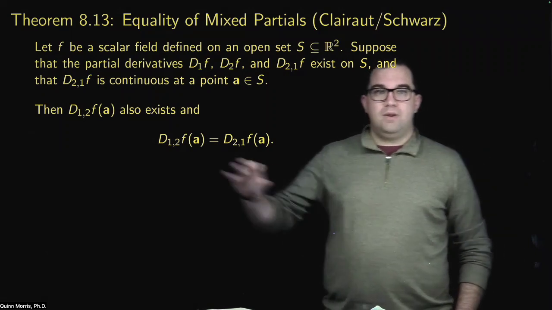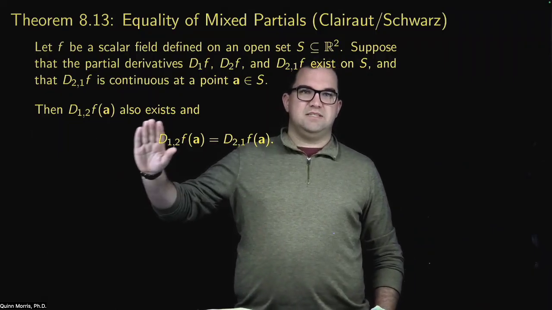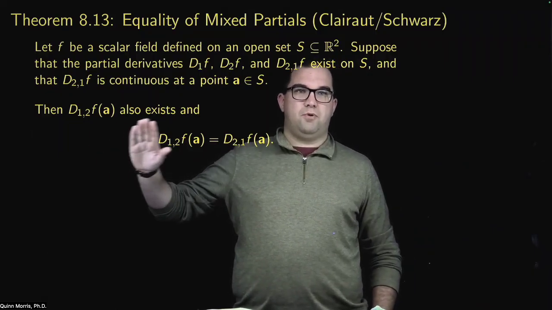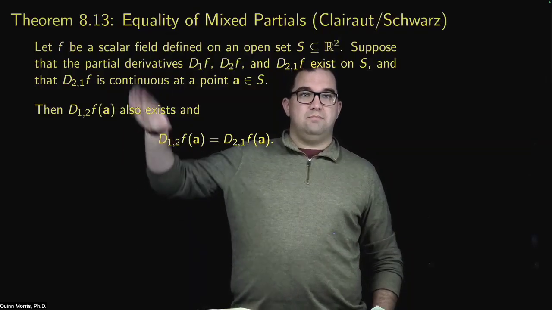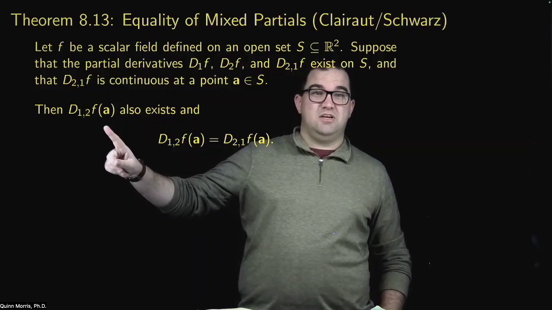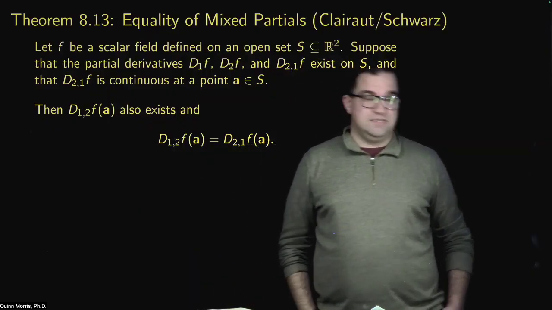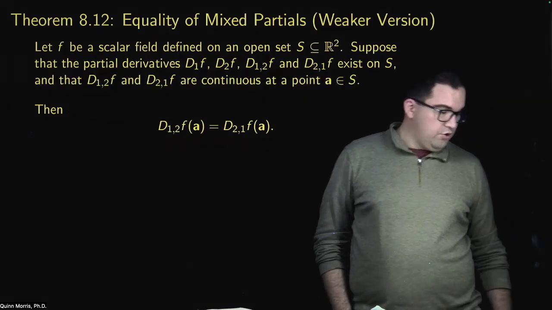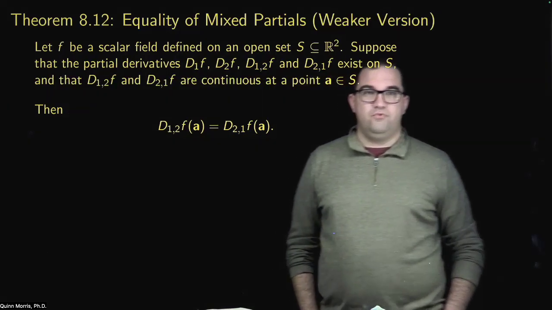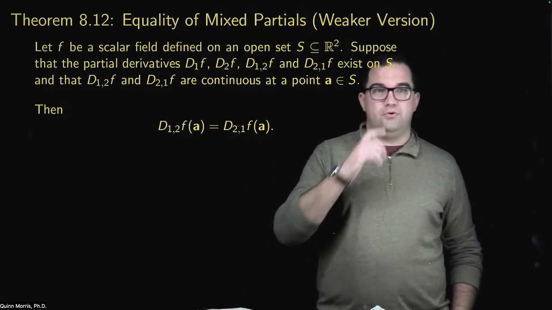So I'm going to move this business about the other mixed partial existing into an assumption, and I'm even going to assume a little bit more, which is that this mixed partial is also continuous at A. So the weaker version that we'll actually prove is: let F be a scalar field defined on an open set S in R2.